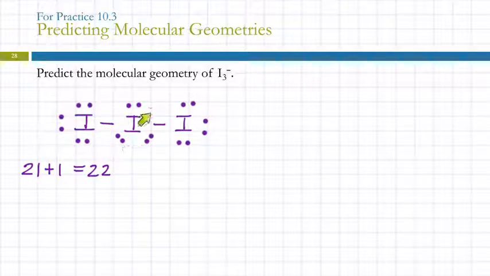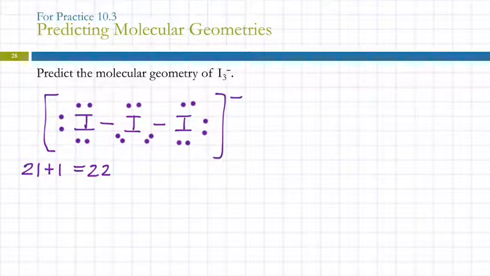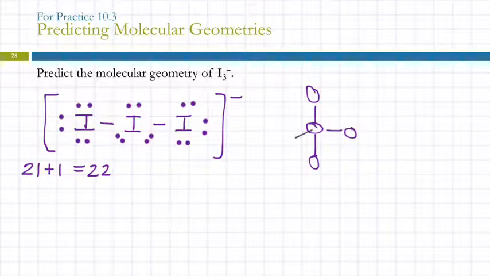So how many groups around the central atom? 5. So how do 5 balloons get away from each other? The little girl with the tutu, right? Trigonal bipyramid.